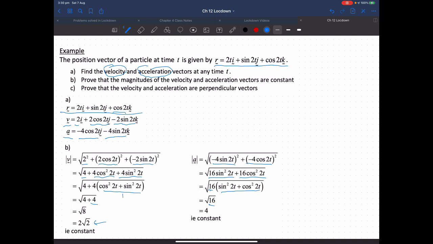Square root of 16 is 4. 4 is a constant. Hence we have shown that the magnitude of acceleration is a constant.